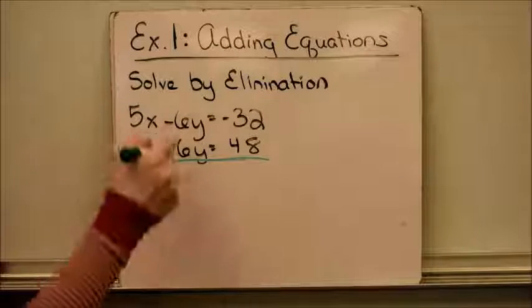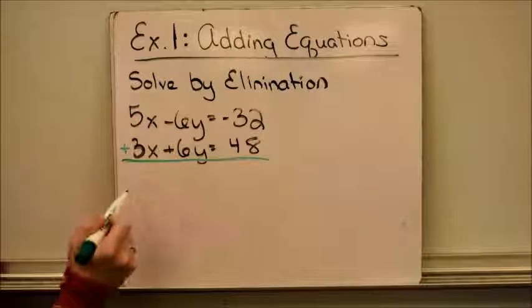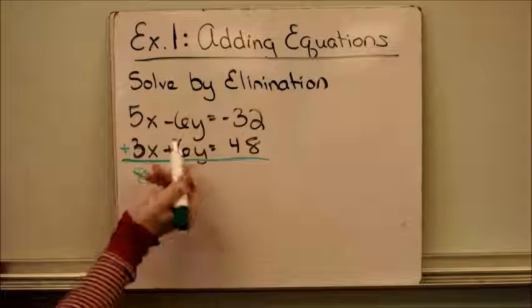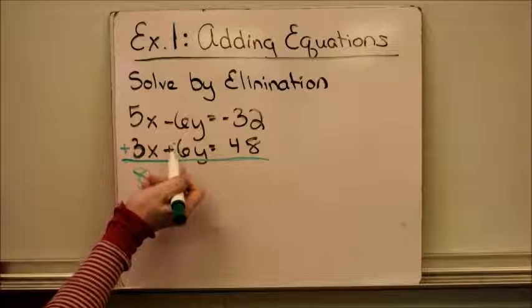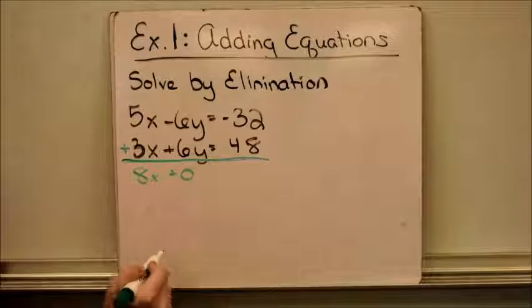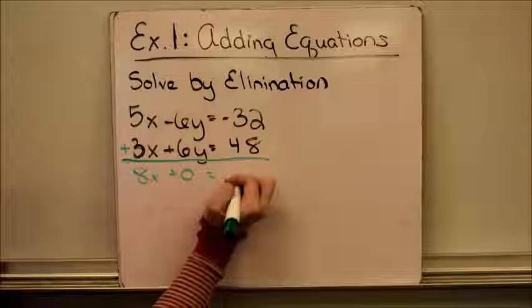So in this case, if I add 5x plus 3x, I get 8x. Here we have negative 6y plus 6y. Well, that cancels out, and that gives us 0. And it equals negative 32 plus 48, which gives us 16.